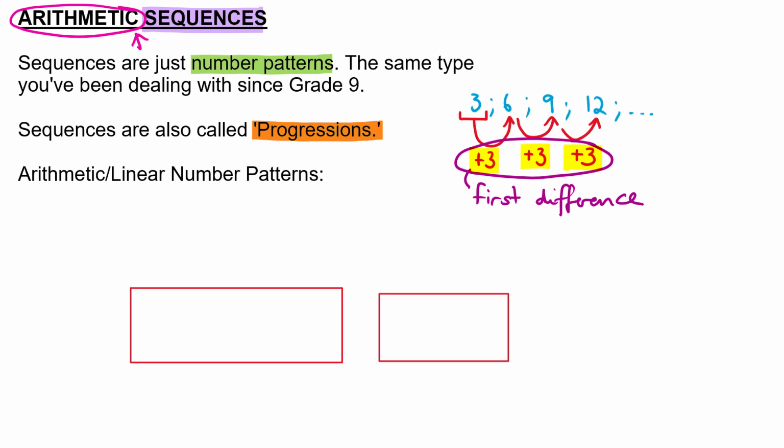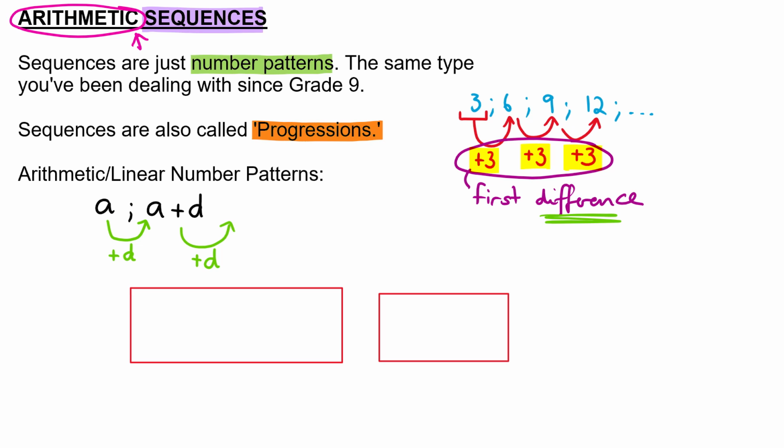So we always say that the first term in a number pattern is A. If you think back to grade 11, to grade 10, we always said that the first term is A. We also then said that the difference between terms, the first difference that we spoke about here, we use the letter D. So to get from the first term to the second term, we're going to add that difference, which would make the second term A plus D. And then to get from the second term to the third term, we've got to add that difference again.